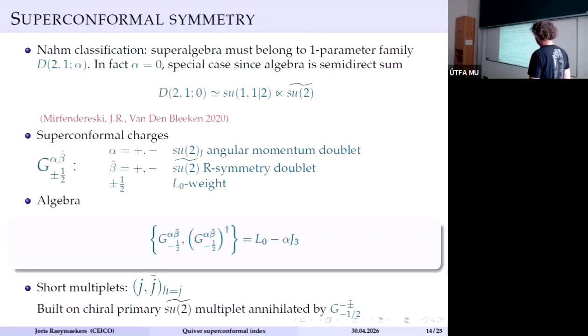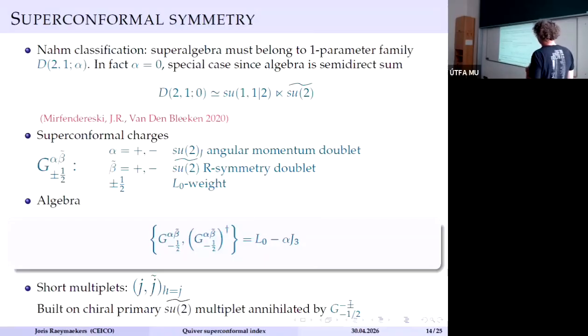Also, there is N=4 supersymmetry, so the conformal symmetry must combine with that to form some superconformal algebra. If you look at the classification of superconformal algebras with these particular R symmetries, there is a whole one-parameter family of them called D(2,1;alpha), where alpha is a continuous parameter.